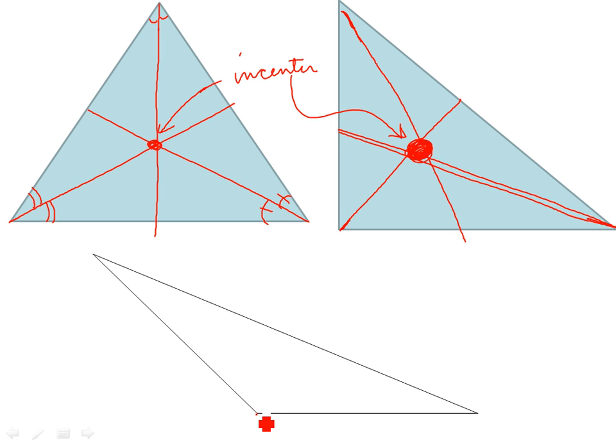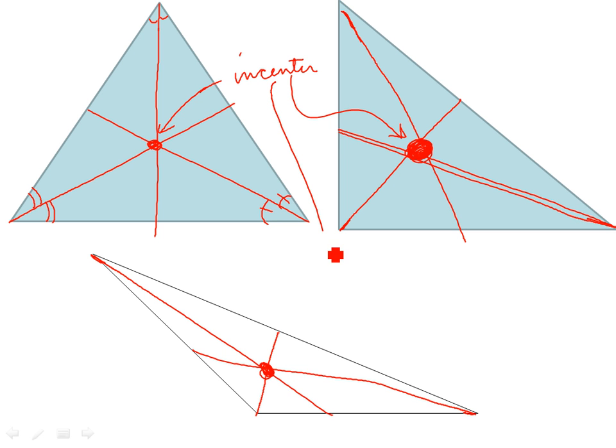Bisect this angle, see if I can do a little better job on this one. Maybe something like that. Bisect this angle. Well, look something like that. Bisect this angle. Look something like that. Way crooked. And that is your incenter. Hopefully you can draw yours a little better than mine. Terrible drawing.